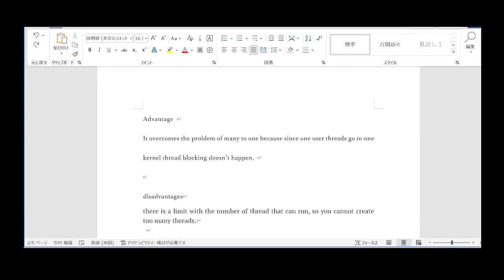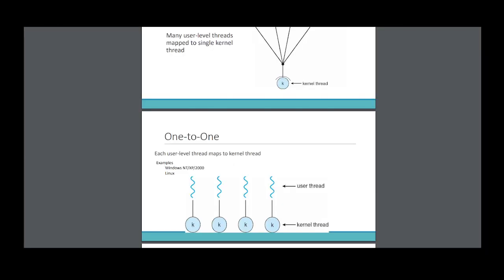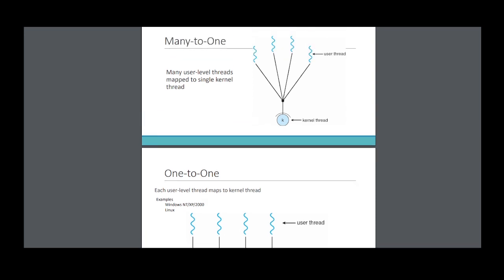One to one. In one to one, each thread uses one kernel thread. So the advantage is that it overcomes the disadvantage of many to one.